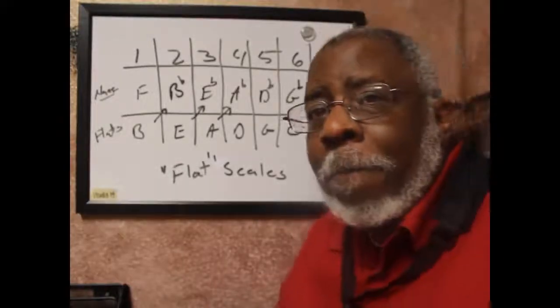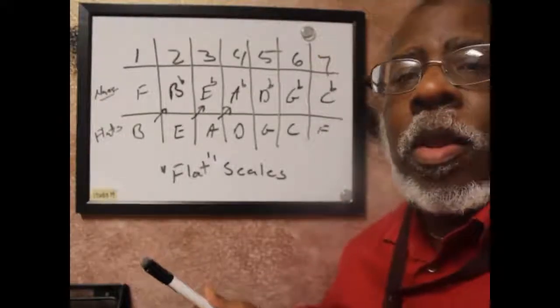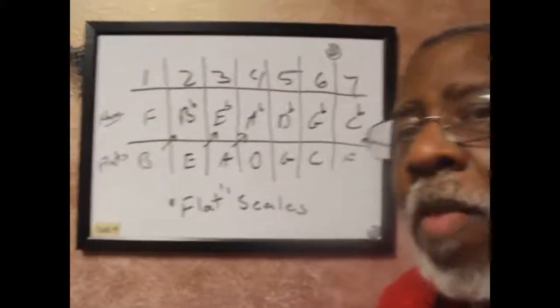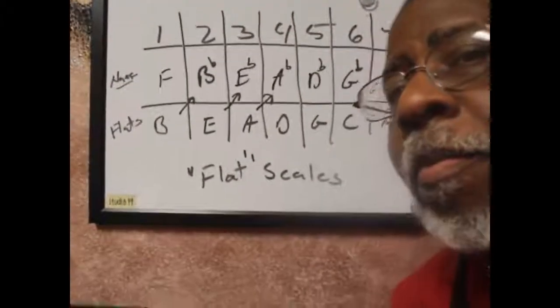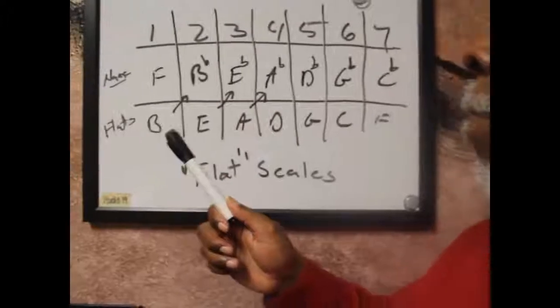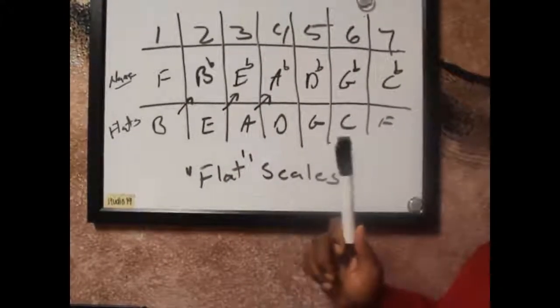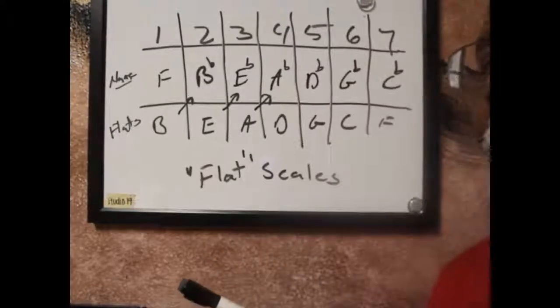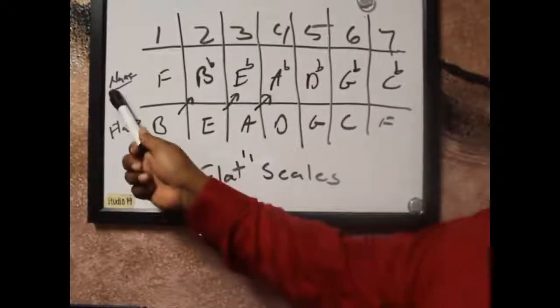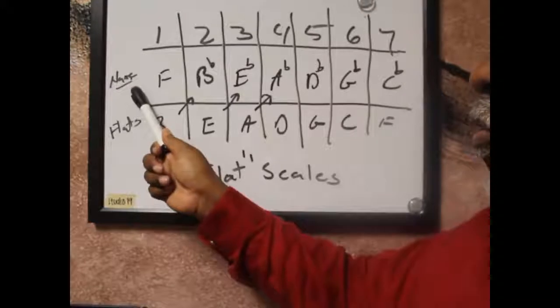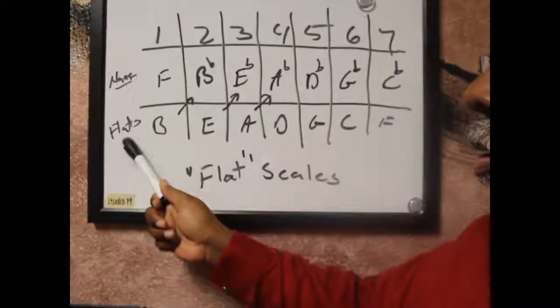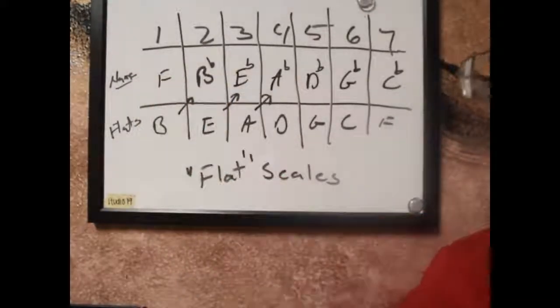By looking at the chart, let me see if I can get you closer. That'll help a little bit. Is that better? How many flats does the A flat scale have? Here are the names of the scales, the flats, and the number.